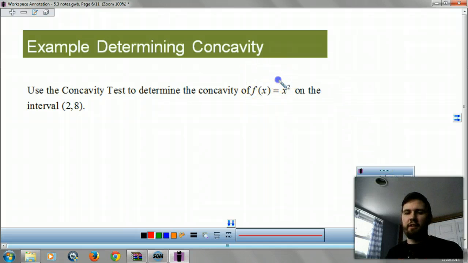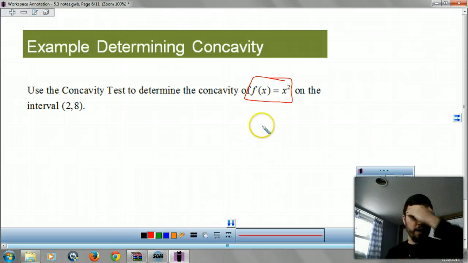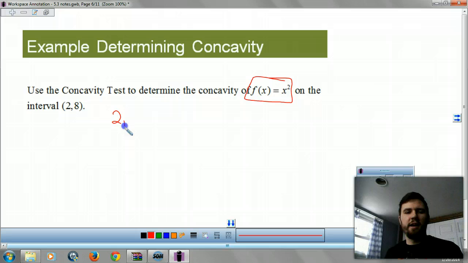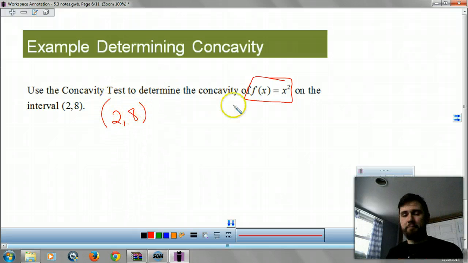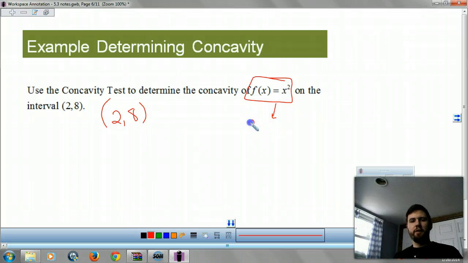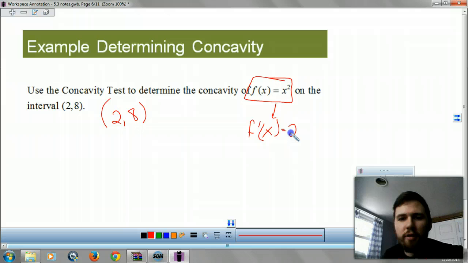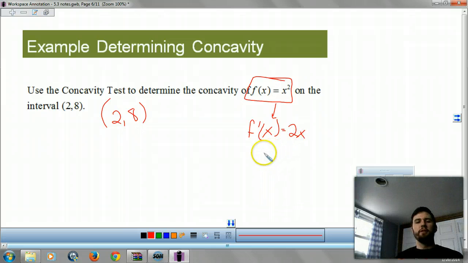So now let's take a look at this function f of x equals x squared and use our concavity test to see if it is up or down from 2 to 8. Our first derivative is 2x. Now we take the second derivative, f double prime, which is 2.